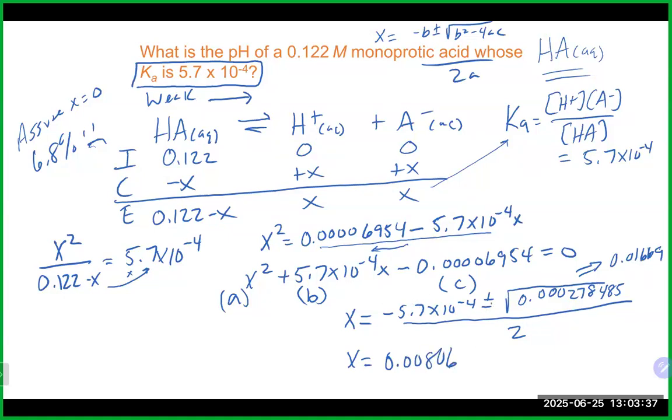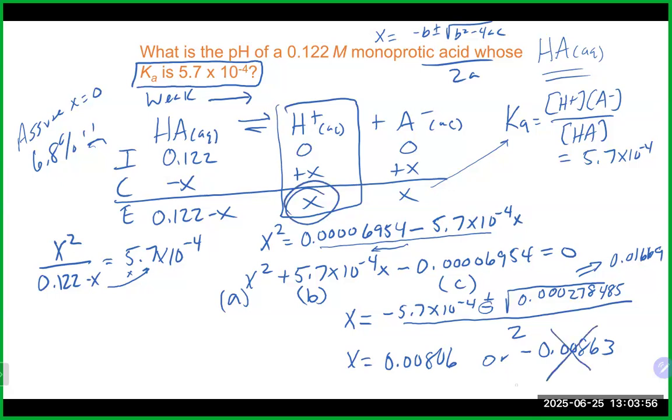If we do the minus part, so minus 5.7 times 10 to the minus 4 minus 0.01669, divided by 2, we get a negative 0.00863. Clearly, we're interested in the pH, which we could see from our ice table is equal to x. That clearly means we cannot have a negative concentration, so that would not be the good one. That means this one here is going to win for our H+ concentration.